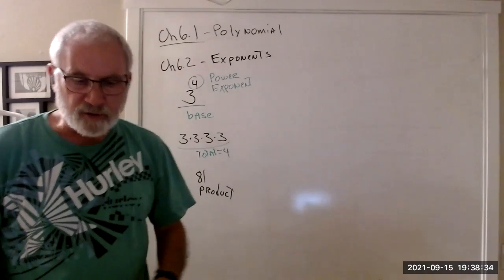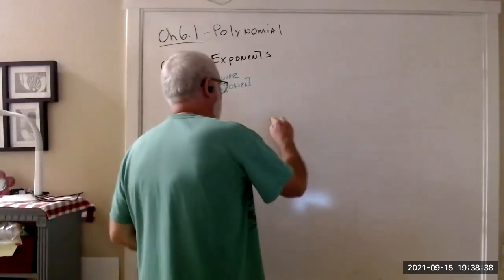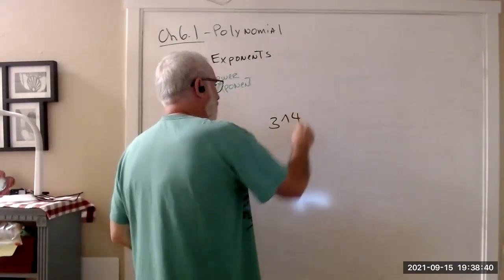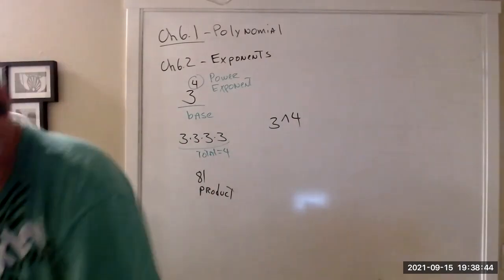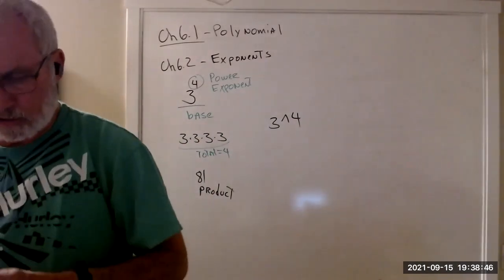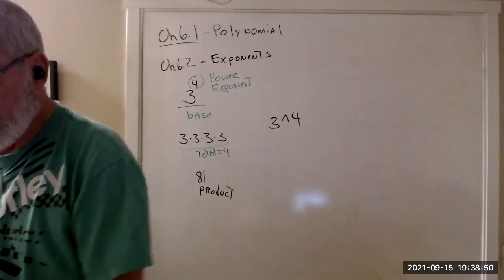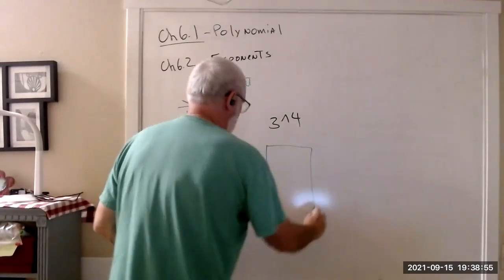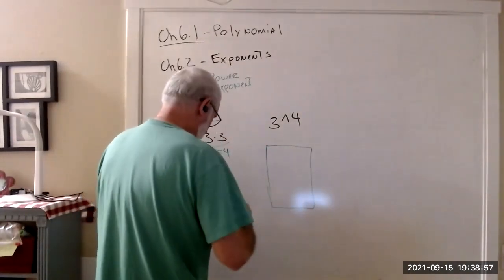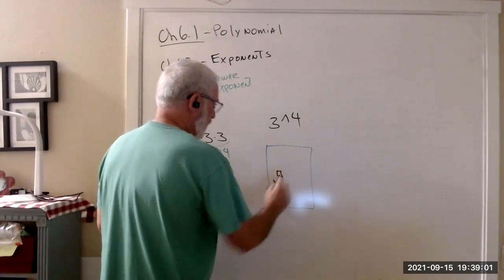Your calculator has a button on it. Some calculators have this button, the up caret. Where's my TI-36? Yeah, on the 36, in the left-hand column, you have an x to the y button.